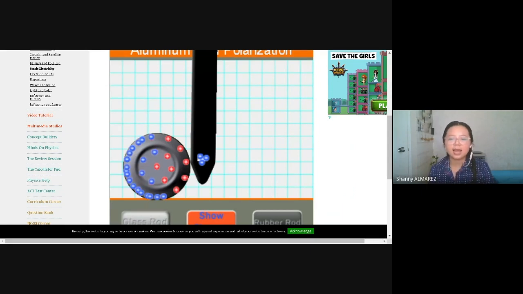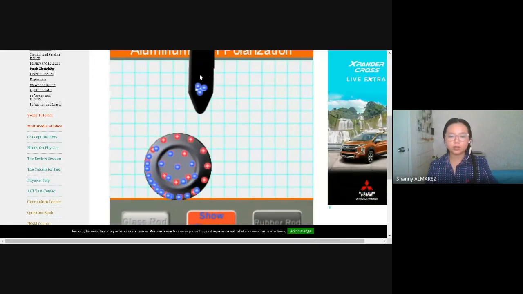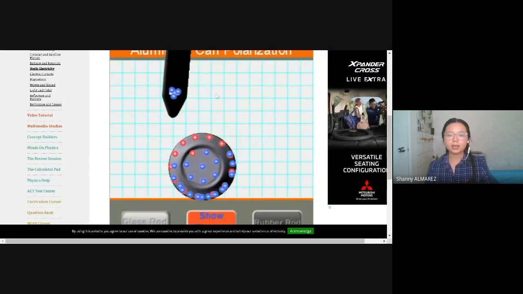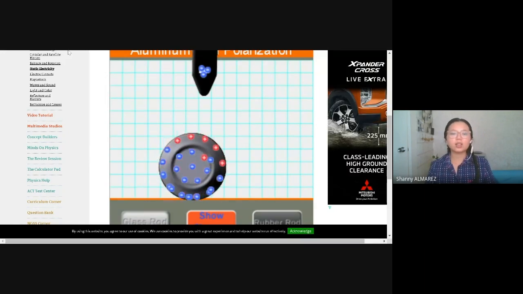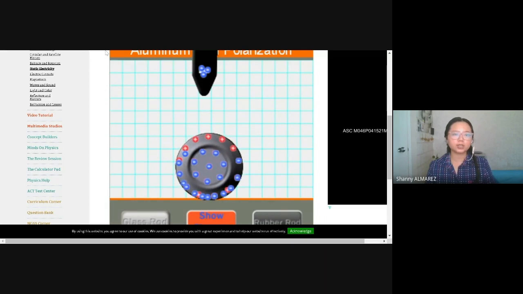So, like charges repel each other, while the unlike charges attract each other. Okay? So, yun yung isa pang concept na nade-demonstrate dito. So, I think this clearly demonstrates the concept of polarization. And kagaya ng sabi natin kanina, neutral pa rin yung can. It's just that nagkaroon lang siya ng realignment of charges.